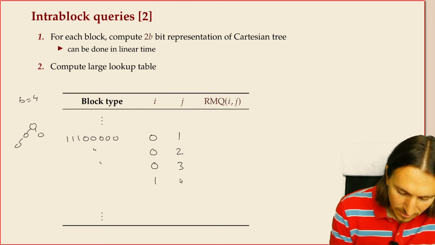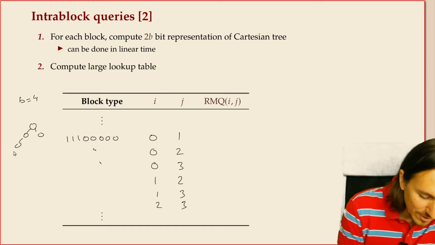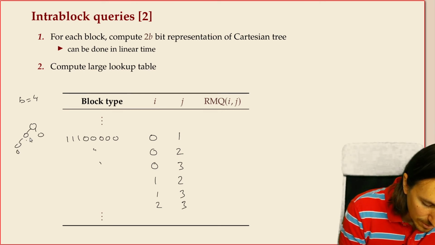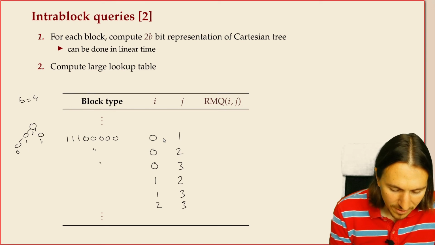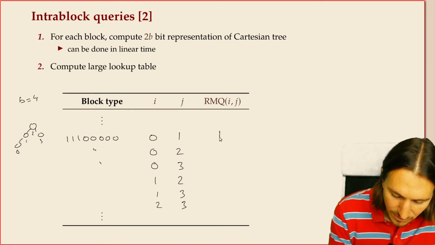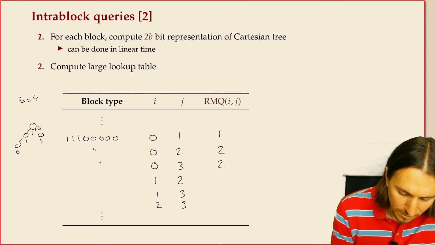So there are actually not so many in this case. I think this should be all. And we can just look up what the numbers are. So this is 0, 1, 2, 3. The range minimum between 0 and 1. 1 is higher, so this is 1. 0, 2, it's 2. 0, 3, it's 2, because that's the root. 1, 2, 2 is the root.